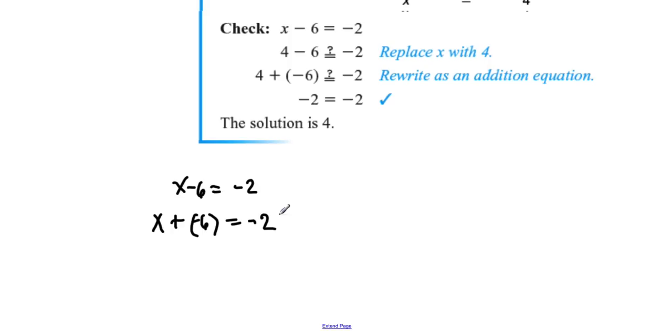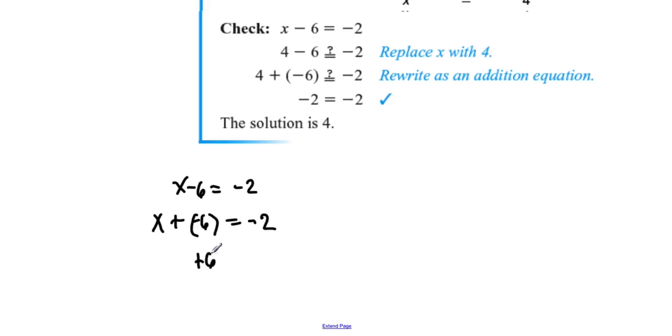So in order to undo negative 6, we need to use inverse operations. So in this case, to be able to undo negative 6, we need to add 6. The inverse operation of subtraction is addition.